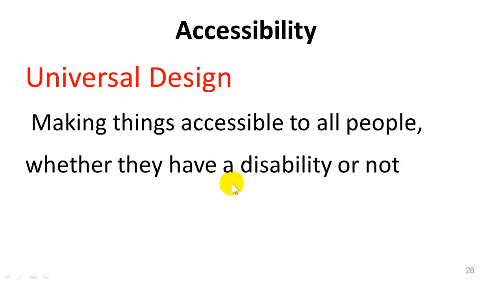Maybe I lost my glasses and I'm having difficulty seeing. People get older and they have visual problems. It doesn't mean they're disabled. So universal design means making things accessible to everyone with respect to how we build our product. This is more pertinent to text-based material, therefore web and brochures.